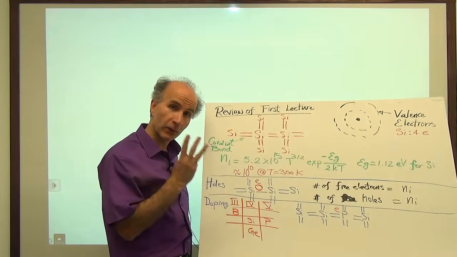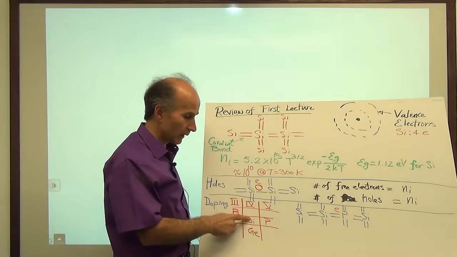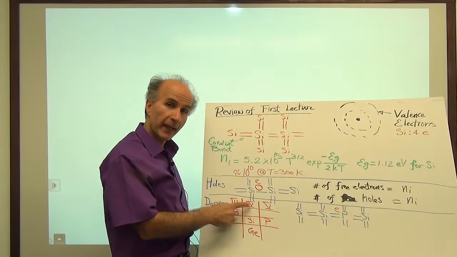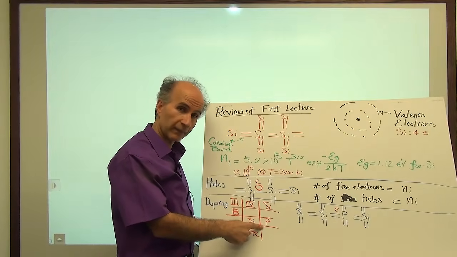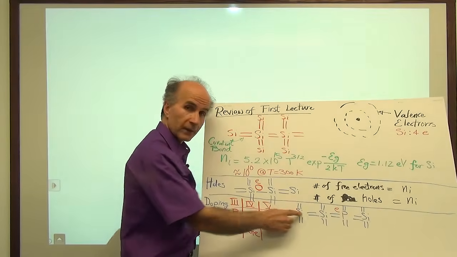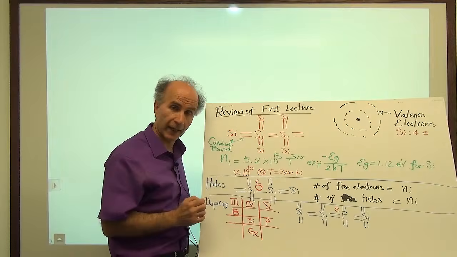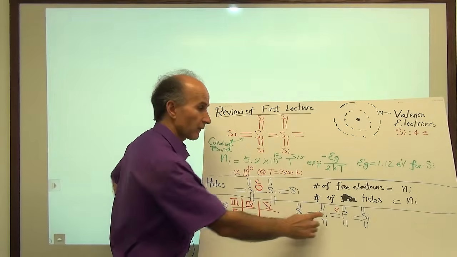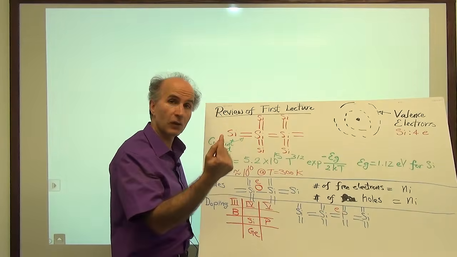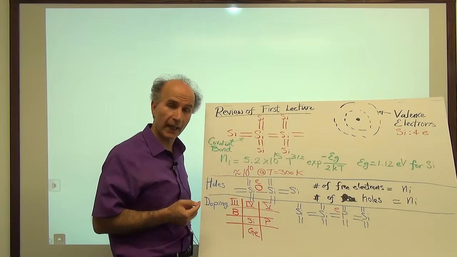Boron has 3 electrons in the last orbital, whereas silicon and germanium have 4 and phosphorus has 5. So for example, if I go into a silicon crystal and replace some of the atoms by phosphorus atoms, then this phosphorus atom has 1 additional electron that cannot form a bond with the surrounding silicon atoms.